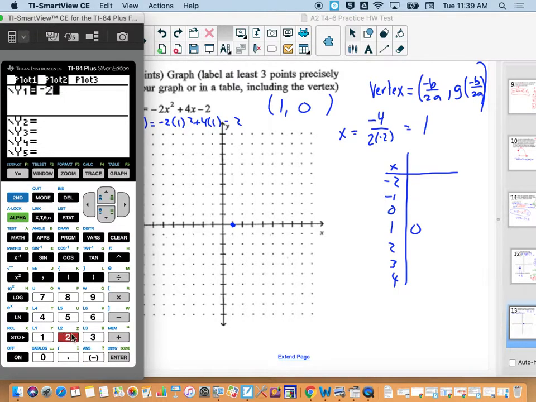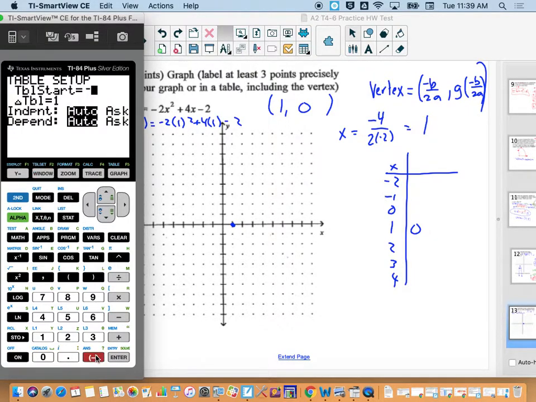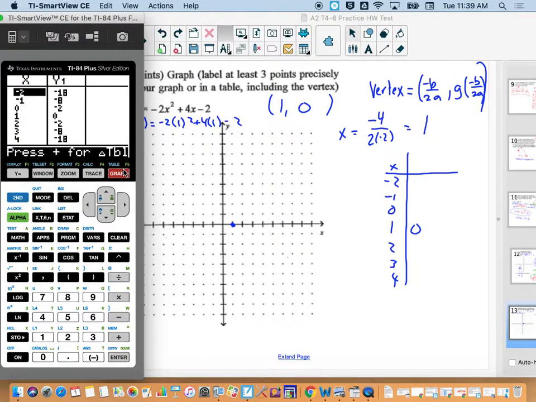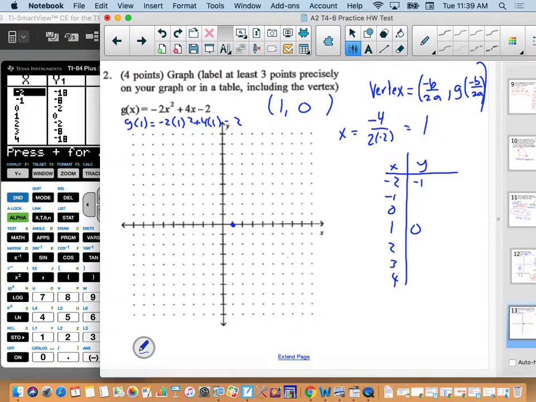So I'm typing in negative 2x squared plus 4x minus 2. I'm going to look at my table around negative 2. So I can get some of these matching y values. And again, because of symmetry, it's going to be around this, so I'm just going to repeat the negative 2, the negative 8, the negative 18.